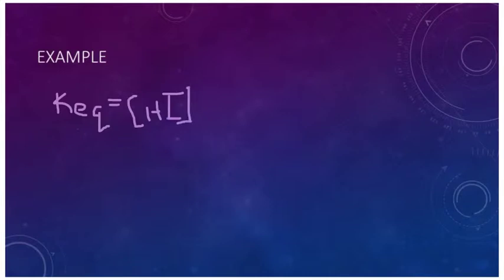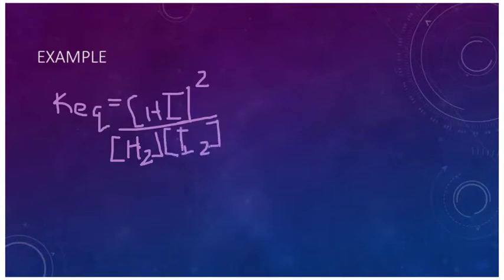So let's write down our formula here again. Concentration of HI, and that's squared, remember, divided by the concentration of H2 times the concentration of I2.